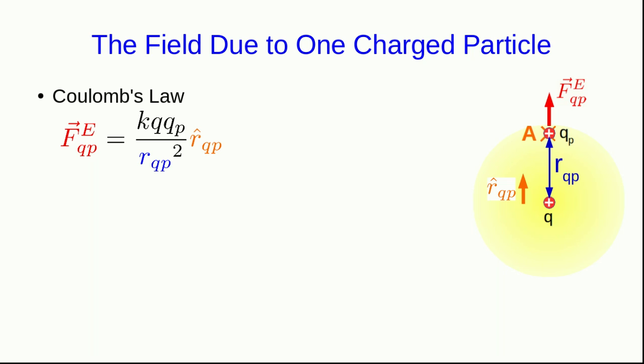So if you'll recall, we got the expression for the field due to one charged particle starting from Coulomb's law, which is not telling us about the field, it's telling us about the force that one charged particle exerts on another.